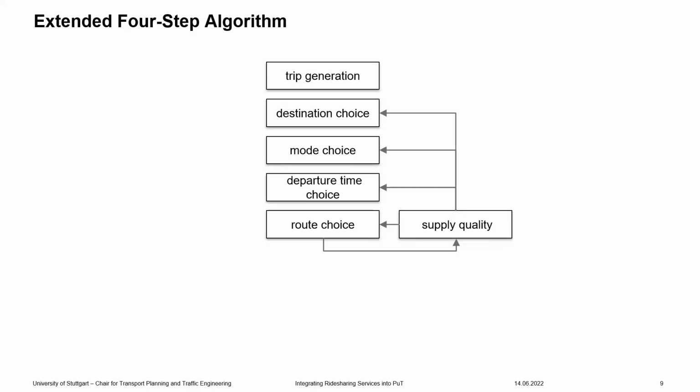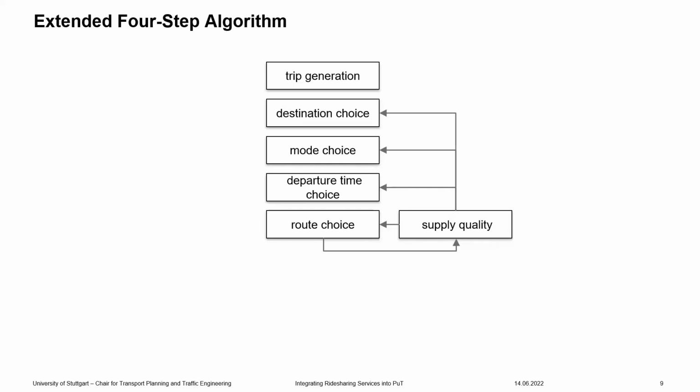And it is often extended for the departure time choice. All of these choices are choices of travelers, and they stand in dependence of the supply quality, for example, of travel times, which again are dependent on the volumes of the road network, for example.